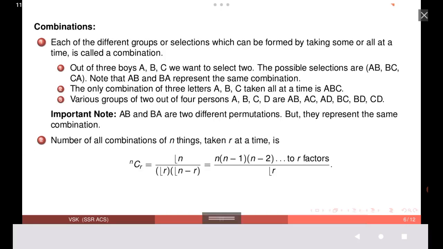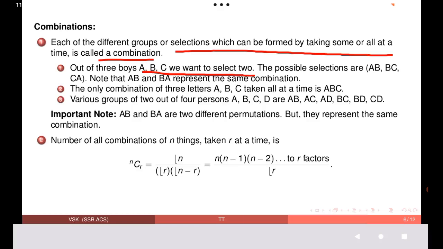Now what is meant by combination? Combination means each of the different groups of selection which can be formed by taking some or all at a time is called a combination. For example, if there are 3 boys A, B, C and we want to select 2, what will be the selection? Here we are not going to arrange, we are selecting them.